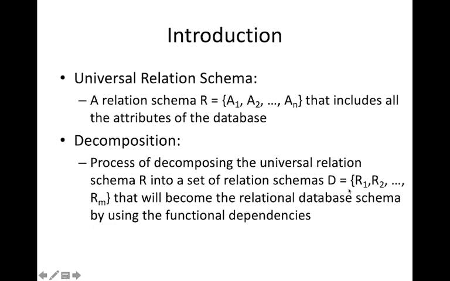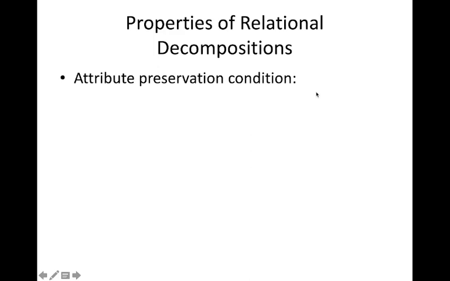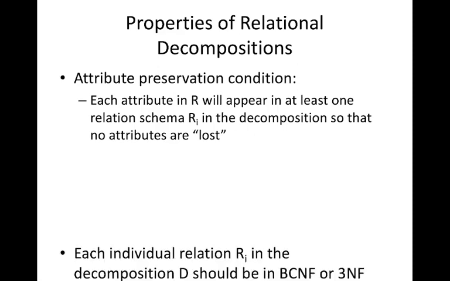We should not lose any of these attributes. Then it is known as the attribute preservation condition. Each attribute in R, that is in the relation schema, will appear in at least one relation schema Ri in the decomposition, so that no attributes are lost. All the attributes should be preserved even after decomposition.